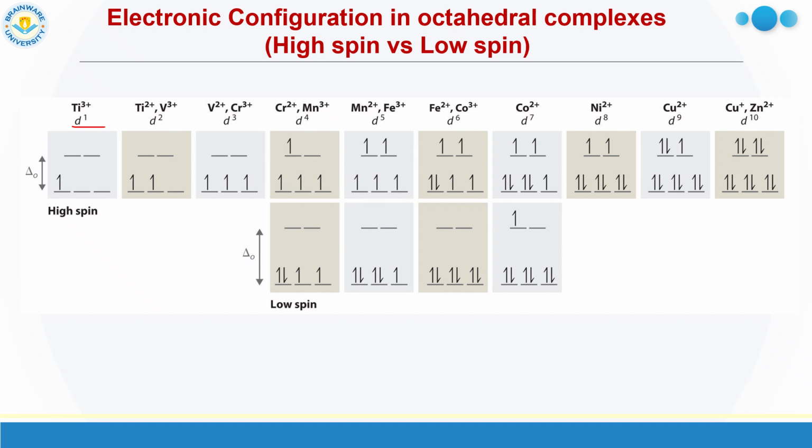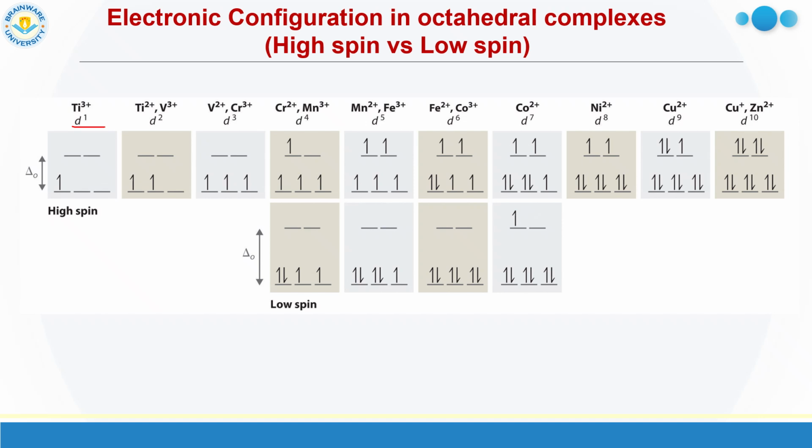During the filling, as you already studied at school level, each orbital is filled by one electron first. When all the orbitals are filled by one electron, then we have to come back again and put the second electron in the orbital, and when two electrons are in one particular orbital, they will have opposite spin. That we know according to Hund's multiplicity rule and Pauli's exclusion principle.